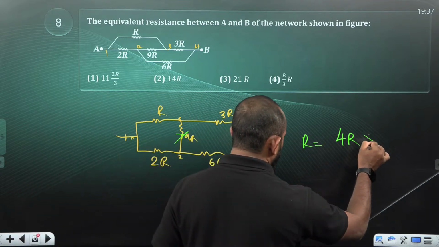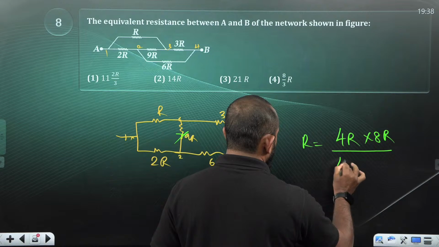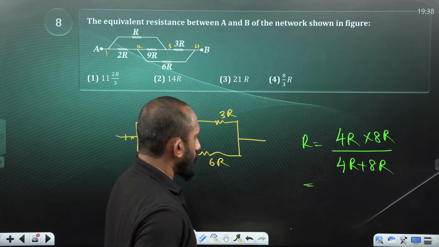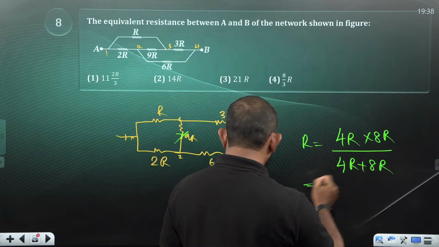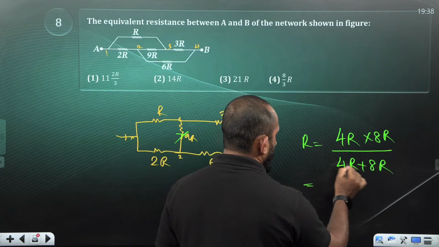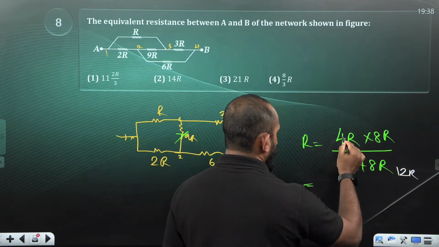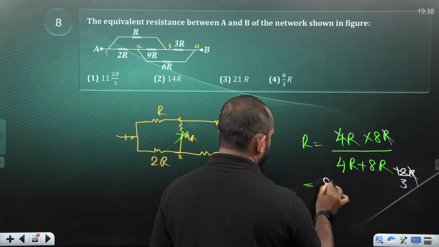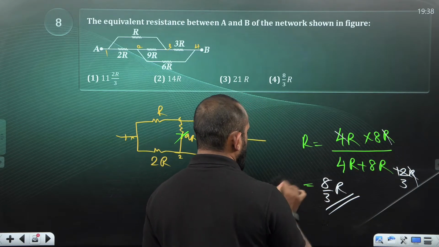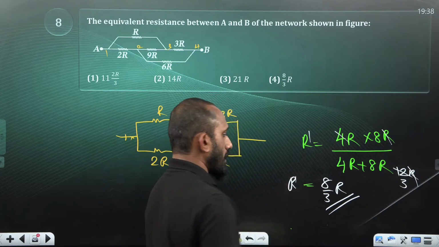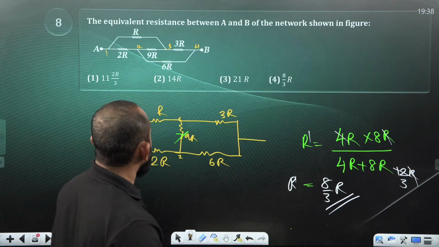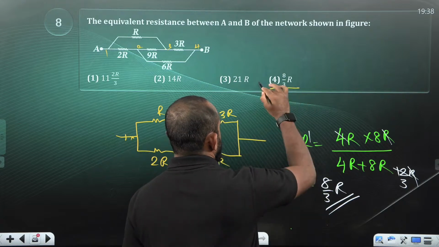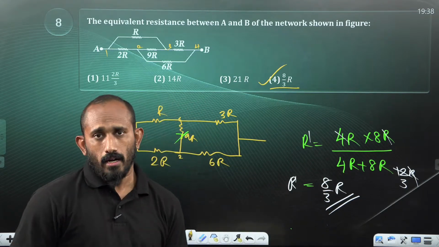So 4R into 8R by 4R plus 8R, that is 32R square by 12R, 4 and 12 cancel to 3, that is 8 by 3R you are getting. So R equivalent is equal to 8 by 3R. The fourth option, 8 by 3R, is the answer.